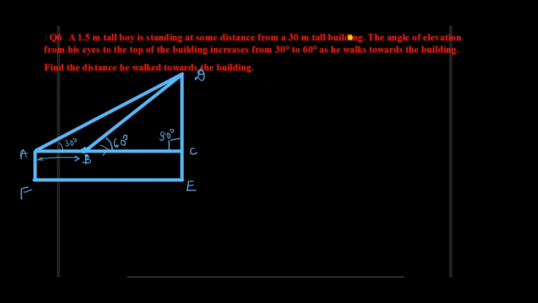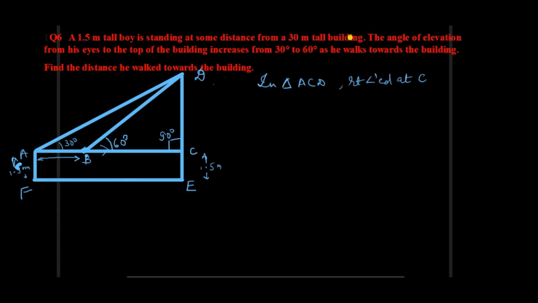There is one triangle which is the outer triangle ACD. In triangle ACD, it is right angled at C. You can see what is given to us now. The boy is 1.5 meter tall, so this length is 1.5 meter. So CE is also 1.5 meter, right?